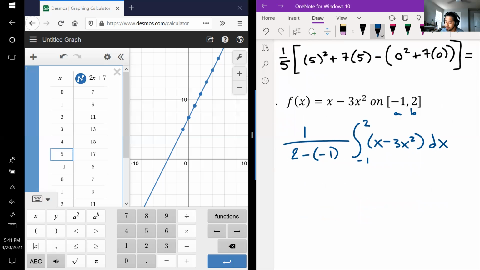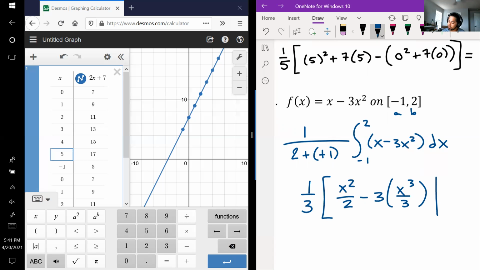Let's go ahead and find the antiderivative already. Okay, for the fraction, 1 over 2 minus minus 1, well, minus minus becomes plus. So you get 1/3 times, and now we're ready for that antiderivative. The antiderivative of x is x squared over 2 minus 3 times the antiderivative of x squared, which happens to be x cubed over 3.